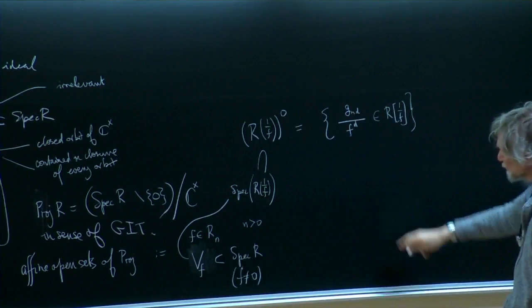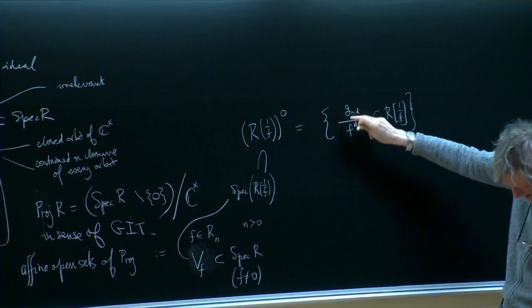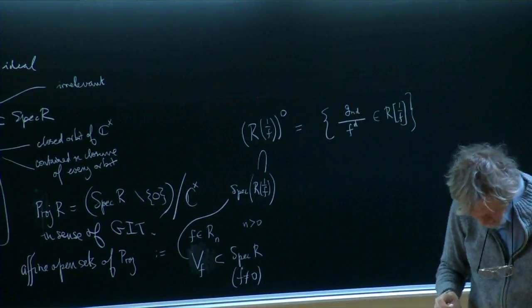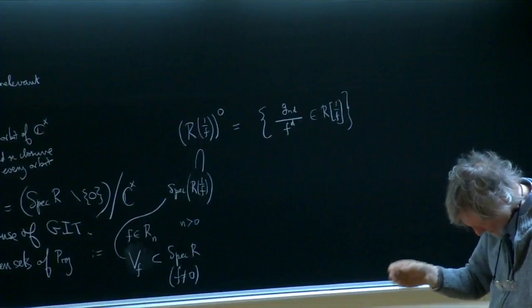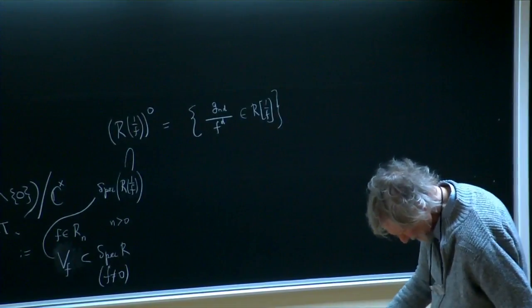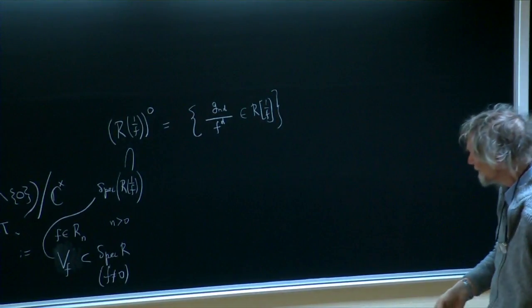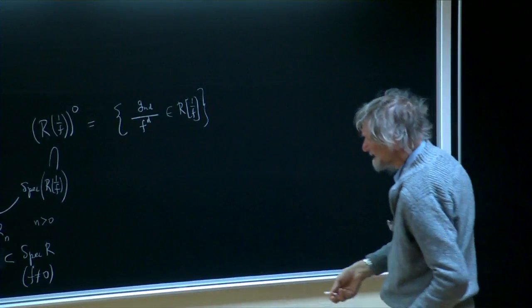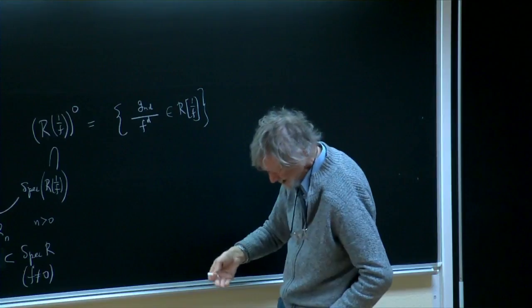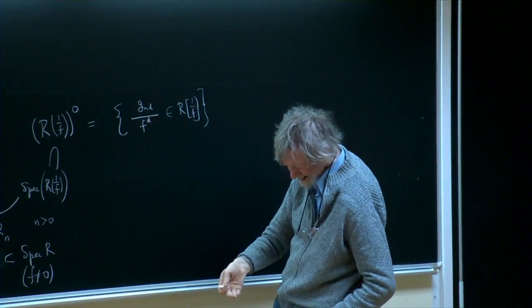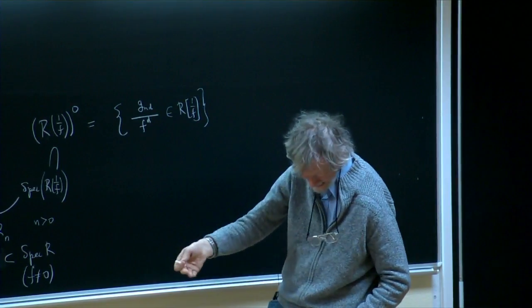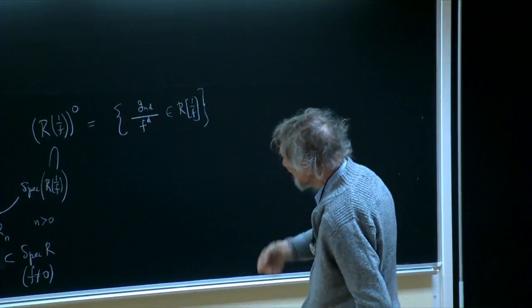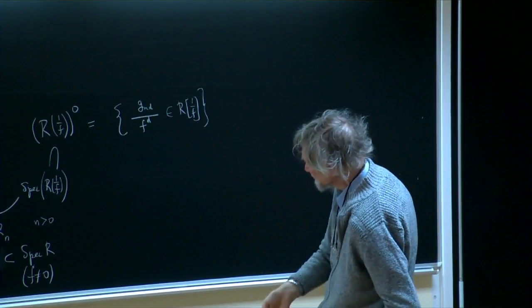Yes, so when you write down rational functions, when you're doing the baby algebraic geometry in a first course, if you want to say what a projective variety is, you say it's a subset of projective space given by some equations, and then you have to say what the functions on it are.